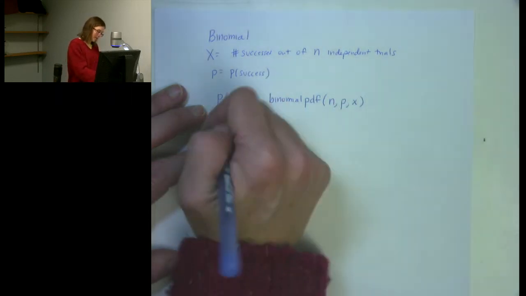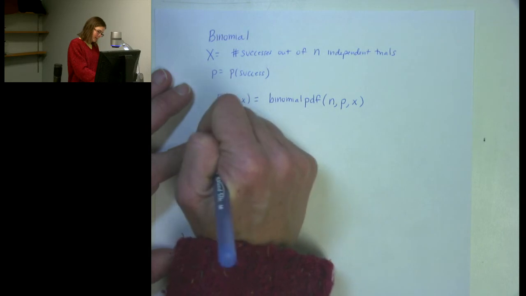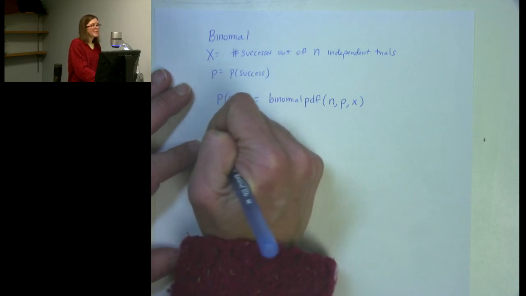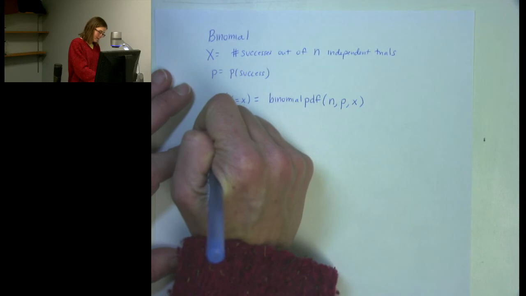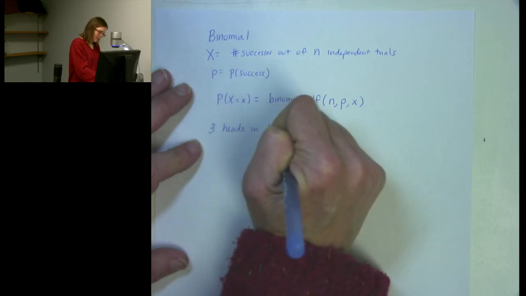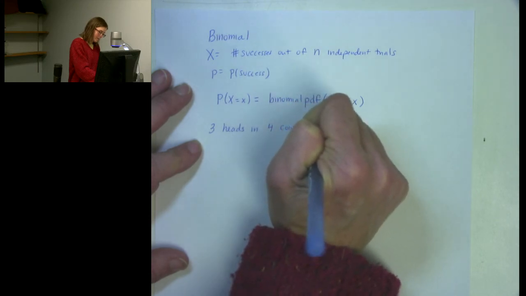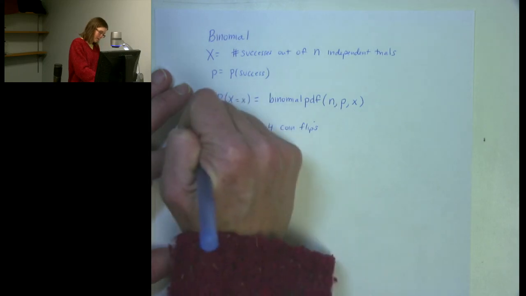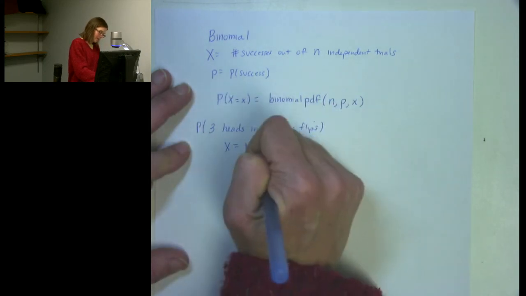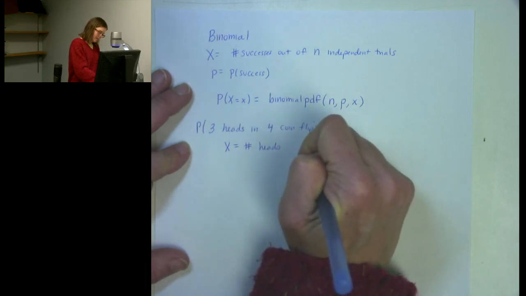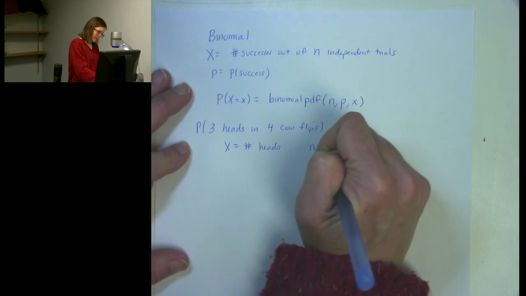So for example, going back to, say, the chance that I would have 3 heads in 4 coin flips, x would be the number of heads, n is the number of flips, so I'd have 4 flips.